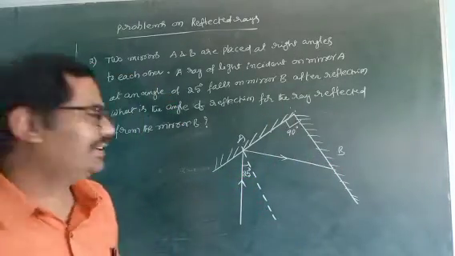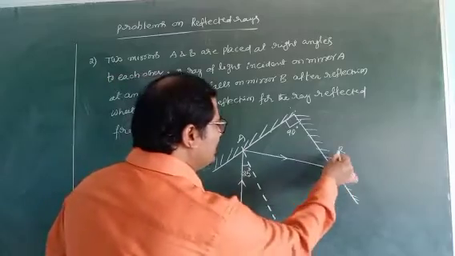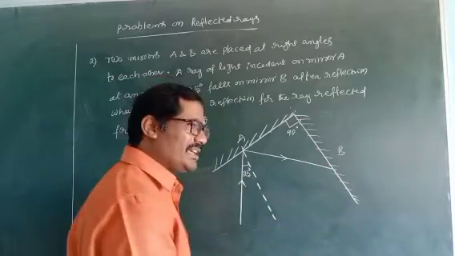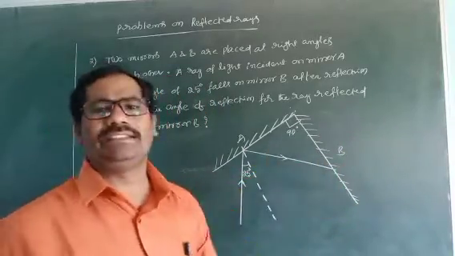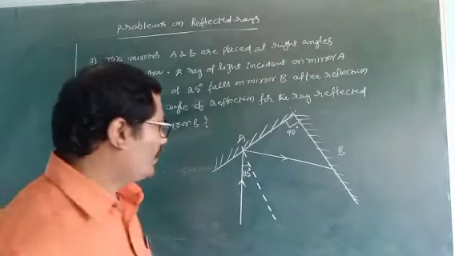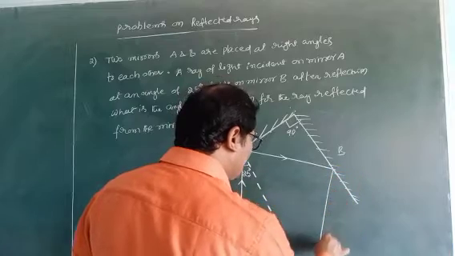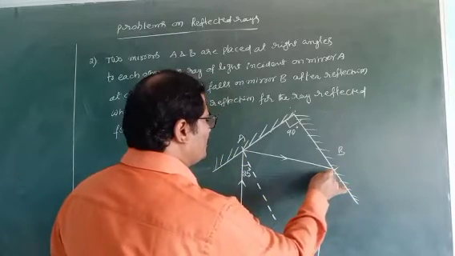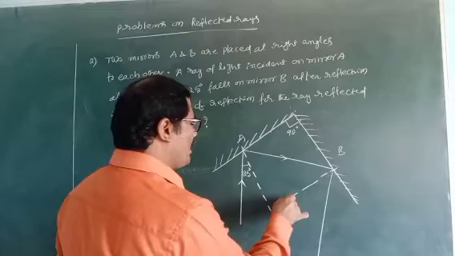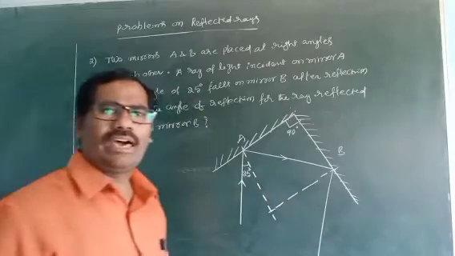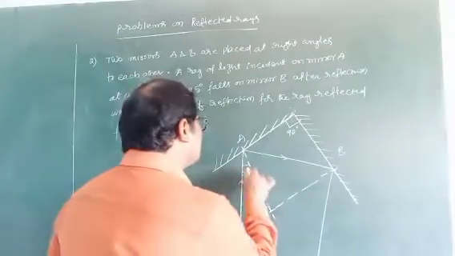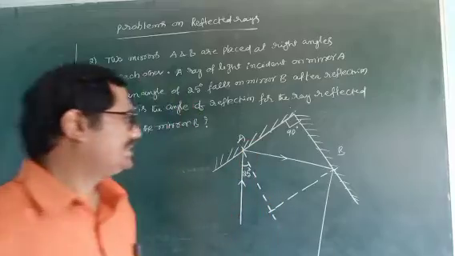At mirror B, this is the incident ray. It is also measured from the normal, and it is 25 degrees.